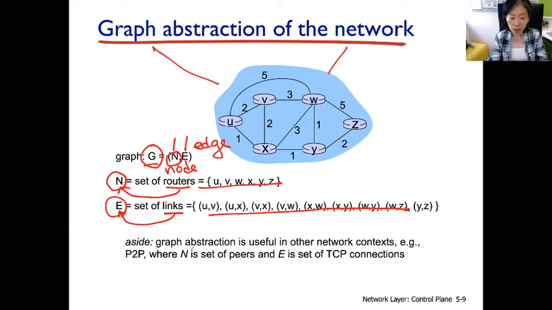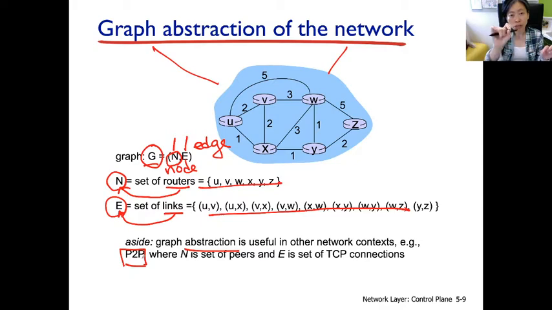And such an abstraction is really convenient later on when we're introducing the algorithm. It could also be useful when we're talking about other kinds of networks. For example, in the application layer, chapter 2, for P2P, there are peers all around the internet, and we establish connections between the peers, so we could do P2P communication.